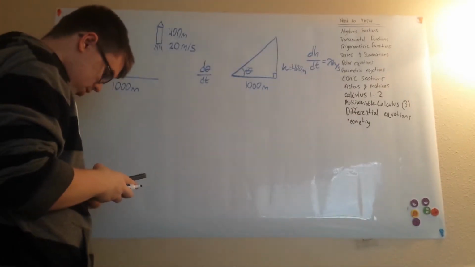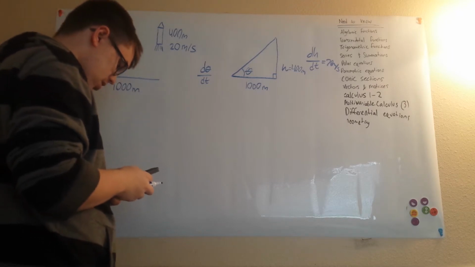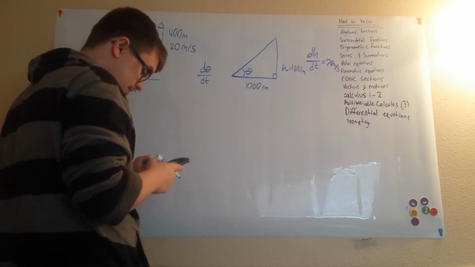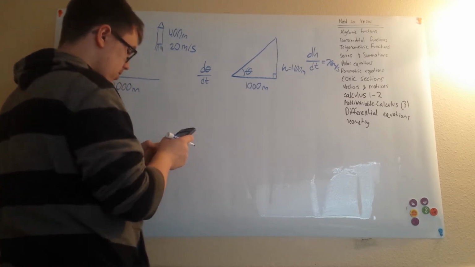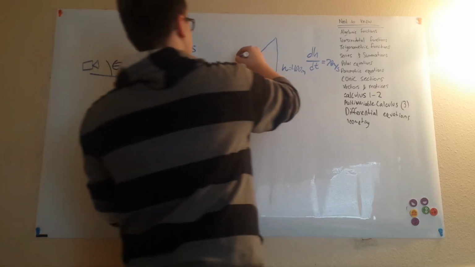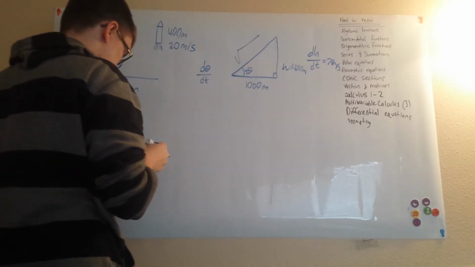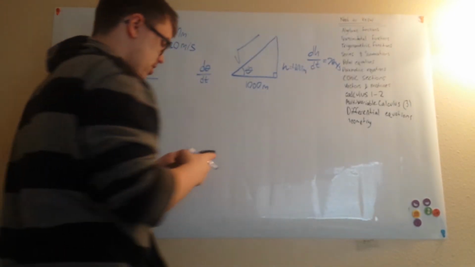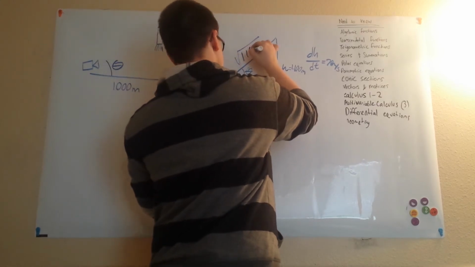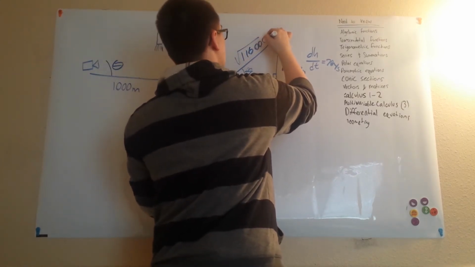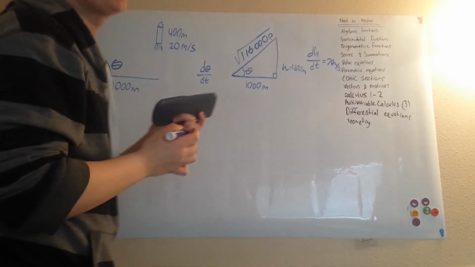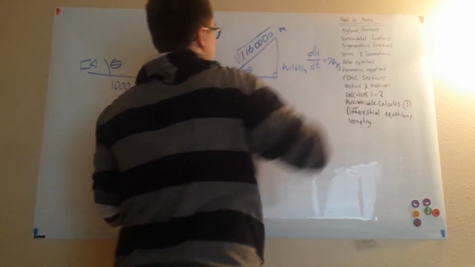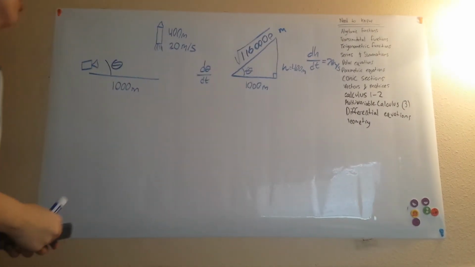So, the square root of 1,000 squared plus 400 squared is this number. I have to keep it exact so I get an exact answer. And what is that? In meters, right? So that's a large amount. That's a big number of meters.